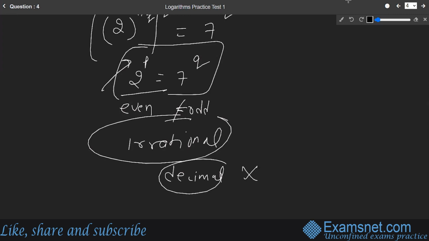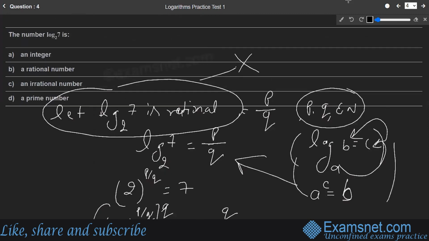So if it cannot be an integer, obviously it cannot be a prime number, because prime numbers are only integers. So these three options are completely false: it is not an integer, not a rational number, and not a prime number. The right answer that remains is option C, that it is an irrational number.